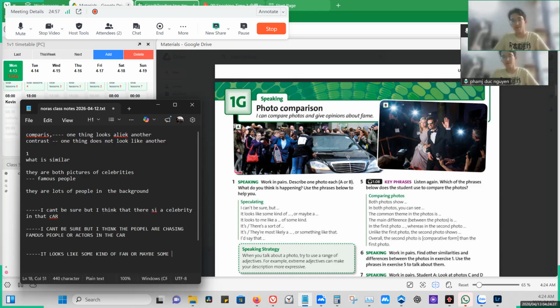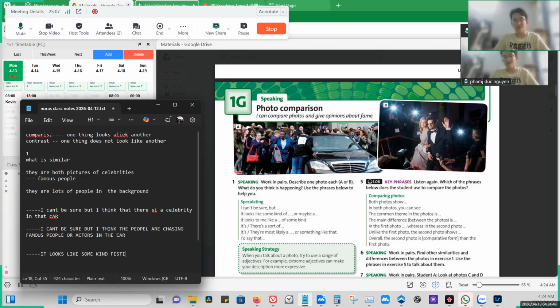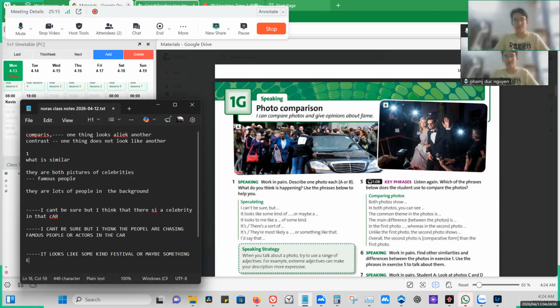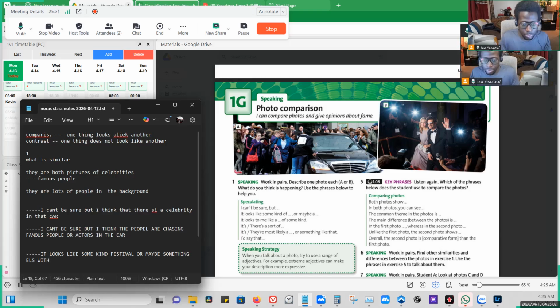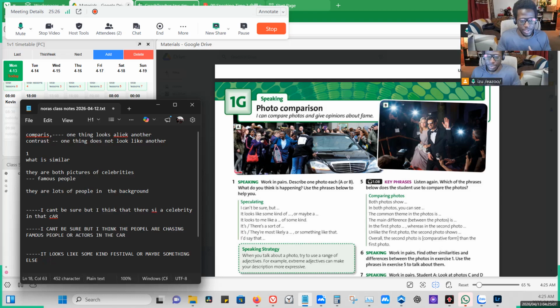This time I described picture B. It looks like some kind of festival like the Oscars, or maybe something else, with actors coming to that. I don't know, I'm not sure. Okay, all right, that's fine. It looks like some kind of festival or maybe something else with an actor coming to the stage.